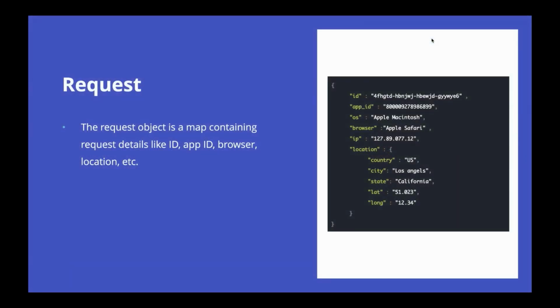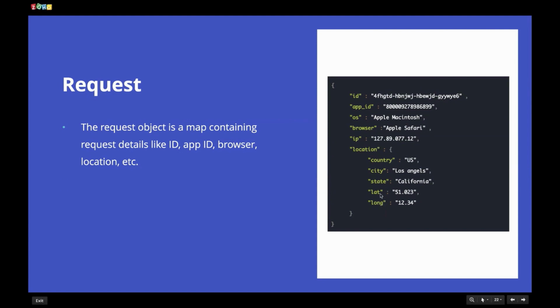The first is the request object. This request object is basically a map that contains all of the details of a visitor's request. All right. So using this request object, you can retrieve details such as the request ID, which is unique to each action that is performed by the visitor on your website, the embed inside which the chat is going on, and the OS used by the visitor, the browser that he has accessed your page from, the location of the visitor, and by location, I mean the country, city, state, latitude, and longitude.